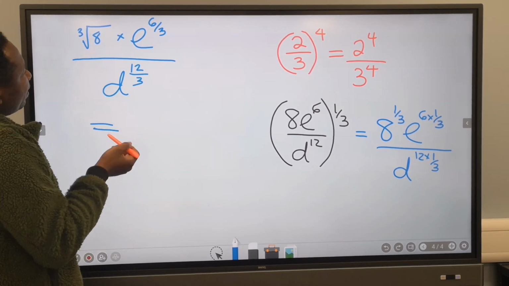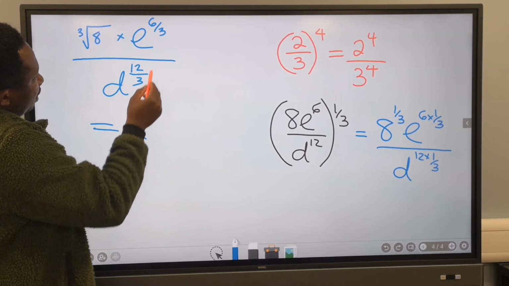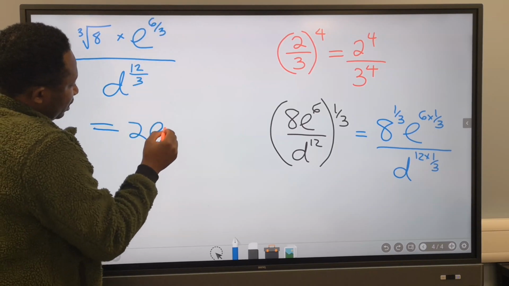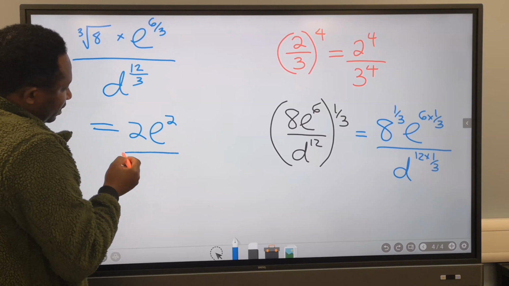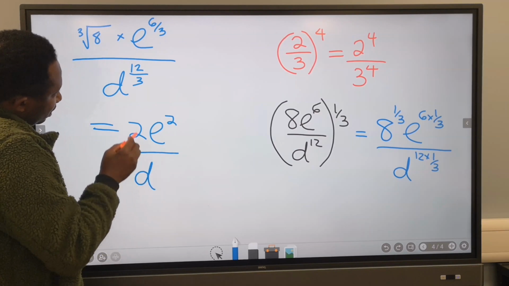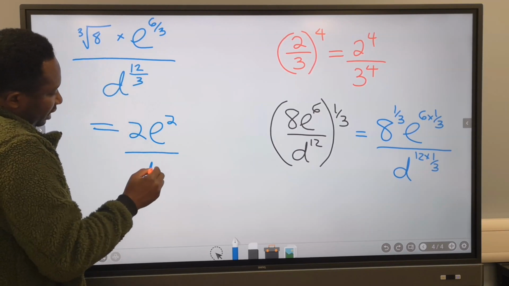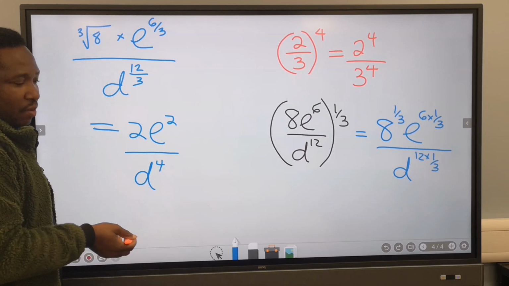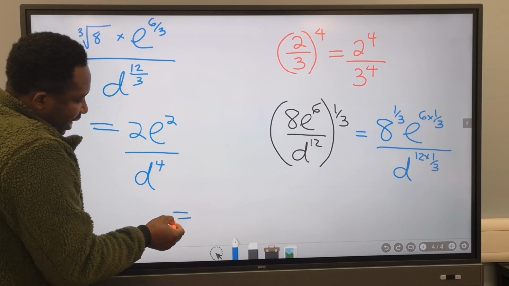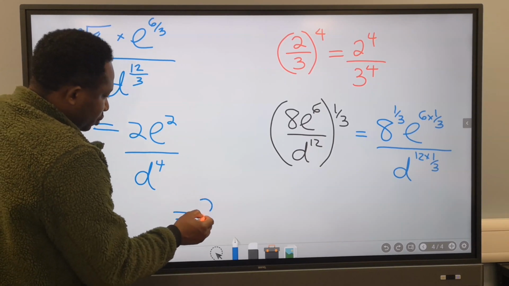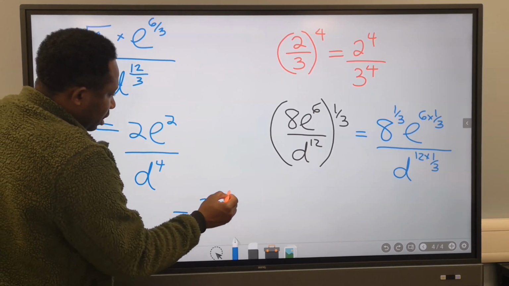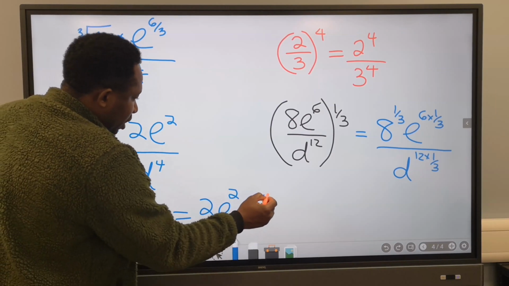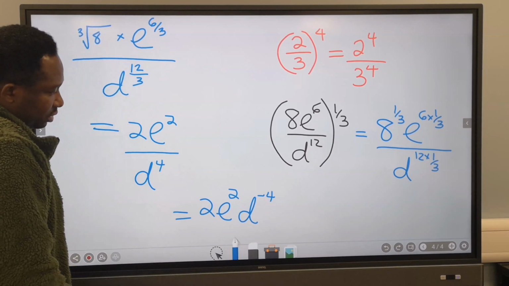The cube root of 8 is 2, this is 1, and this is 2. So we are going to have e to the power of 2 divided by d to the power of 4. This becomes our answer. You can write this as 2e to the power of 2 and d to the power of minus 4.